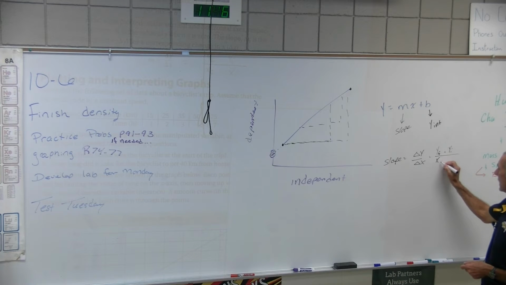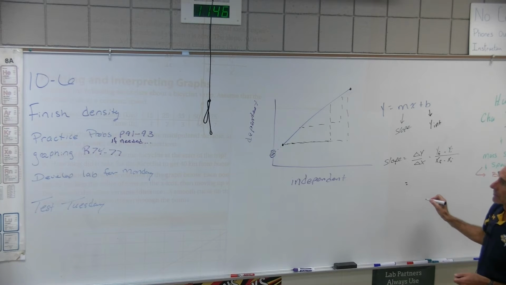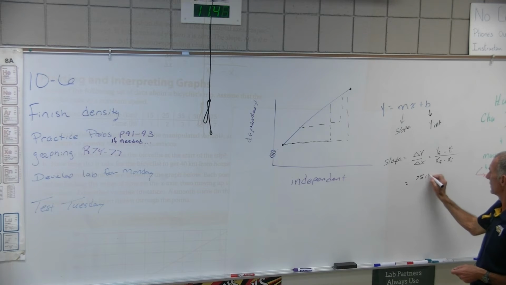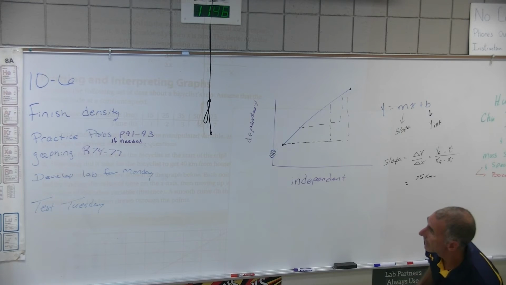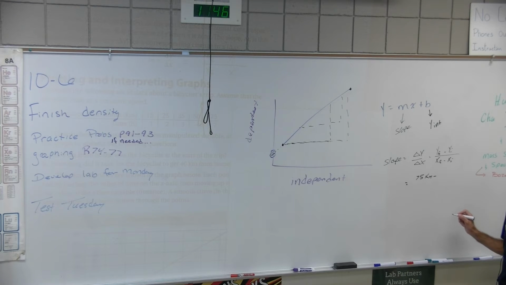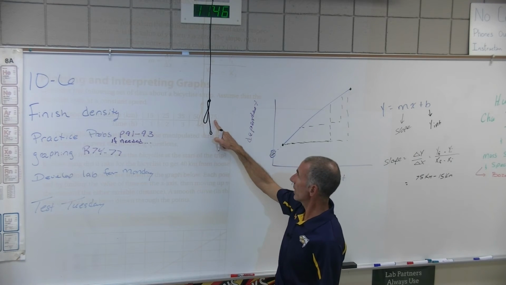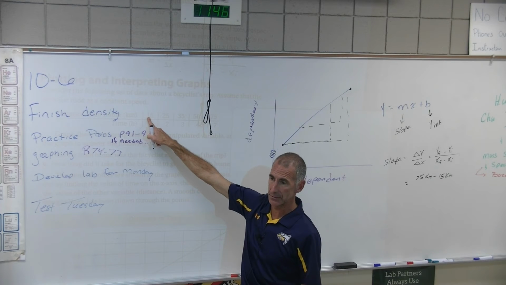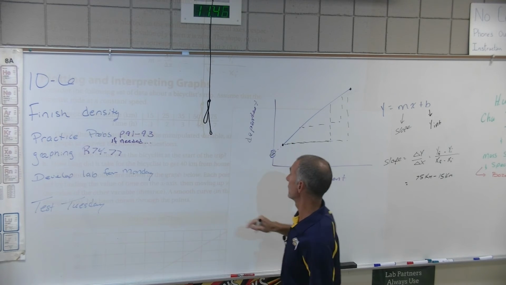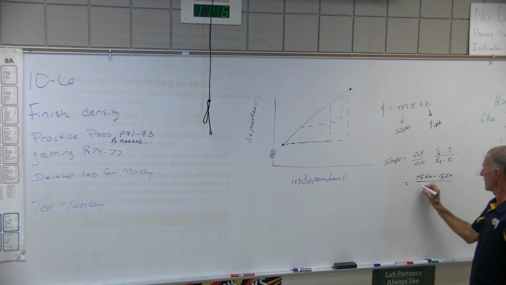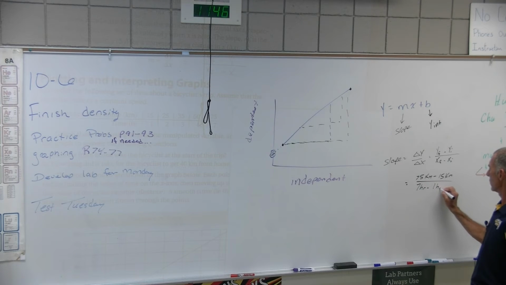For x, same way, x final minus x initial. So we're going to have 75 kilometers minus 15. My final value of y minus my initial value of y, 75 minus 15. And then for time, we're going to have 7 hours minus 1 hour.